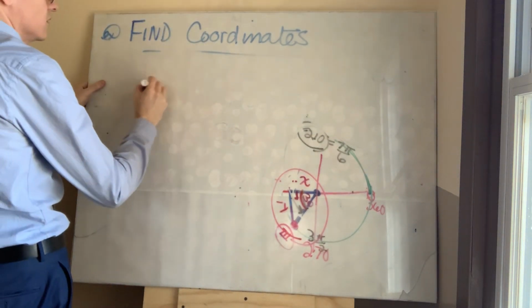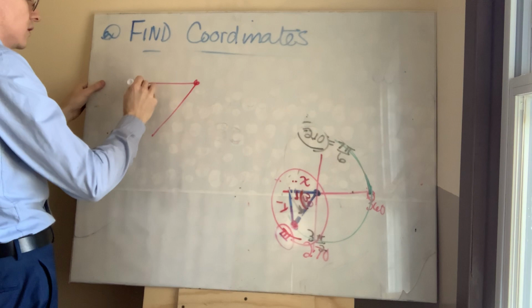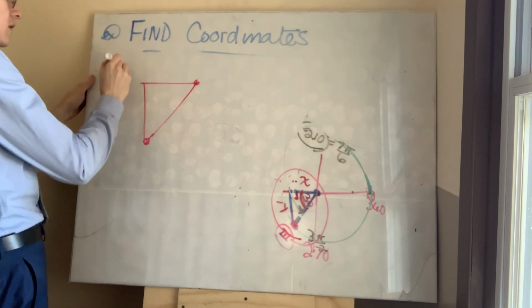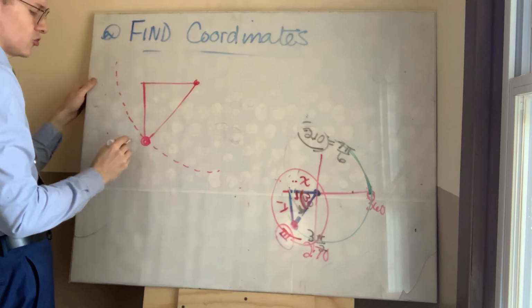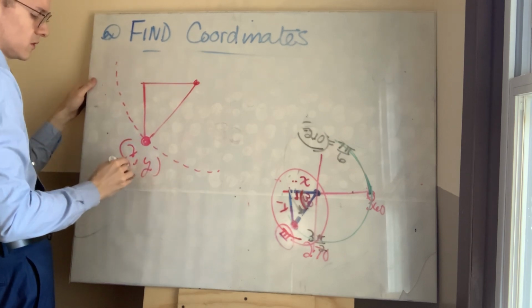So we have basically this, and this is on the edge of the circle in theory, and we're trying to find what these coordinates are.